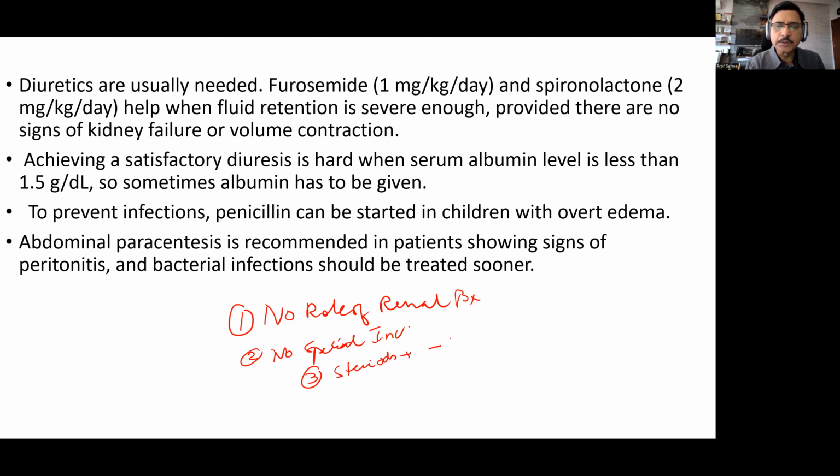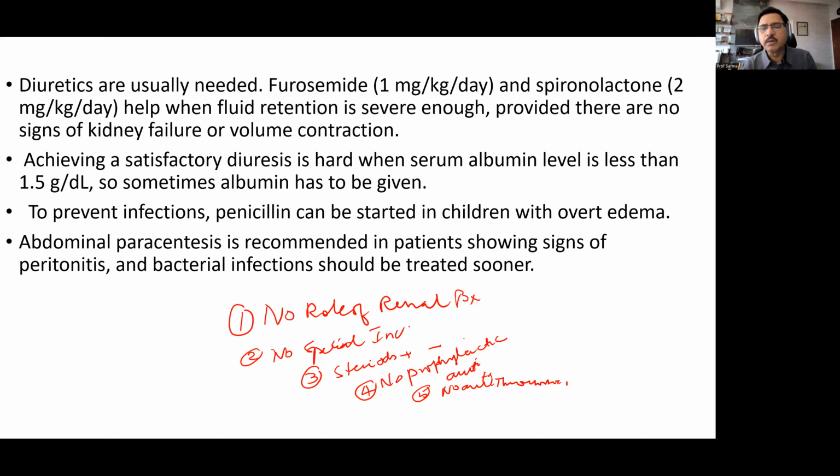If not responsive, then consider other things. No prophylactic antibiotic; studies have not shown a role for prophylactic penicillin or antibiotic. Likewise, no prophylactic antithrombotic like heparin and others, unless there is evidence of thrombosis.